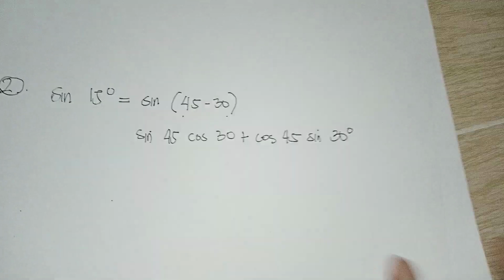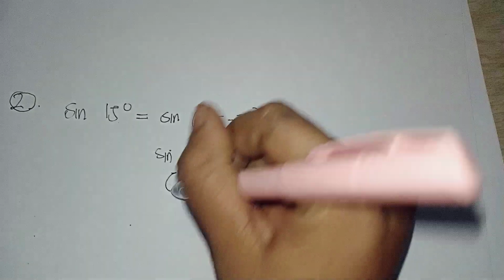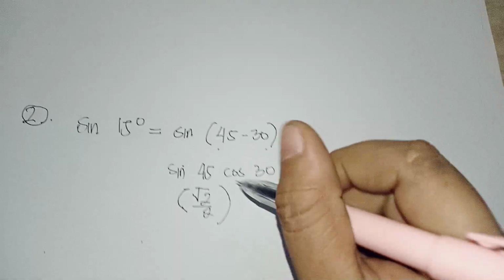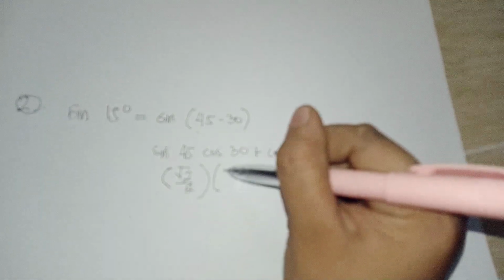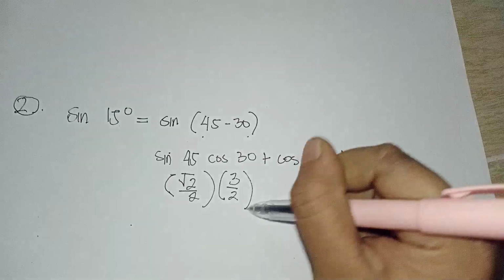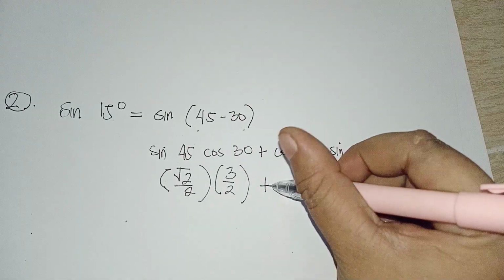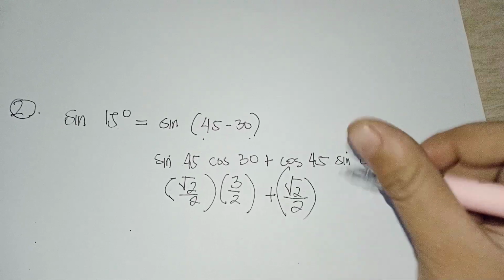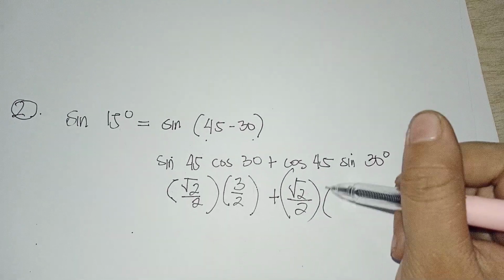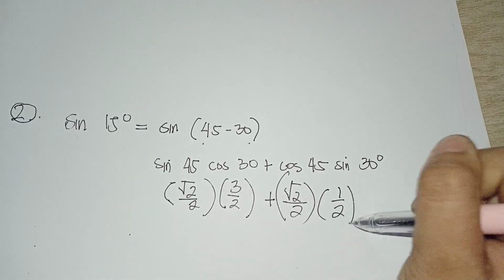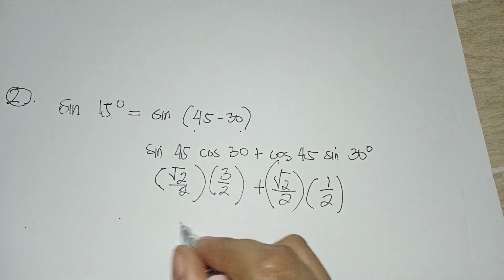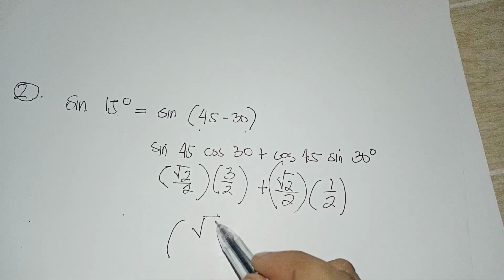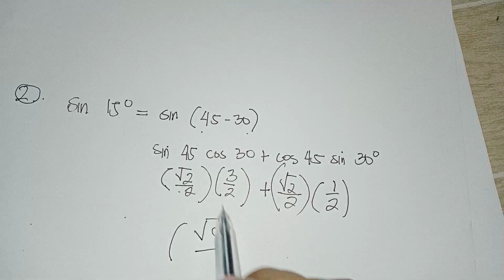So, let's continue. Sine 45 will be square root of 2 over 2, and cos 30 will be square root of 3 over 2. Minus cos 45, that will be square root of 2 over 2, and the sine 30 will be 1 half. Multiplying: 2 times 3, 6, 2 times 2, 4.